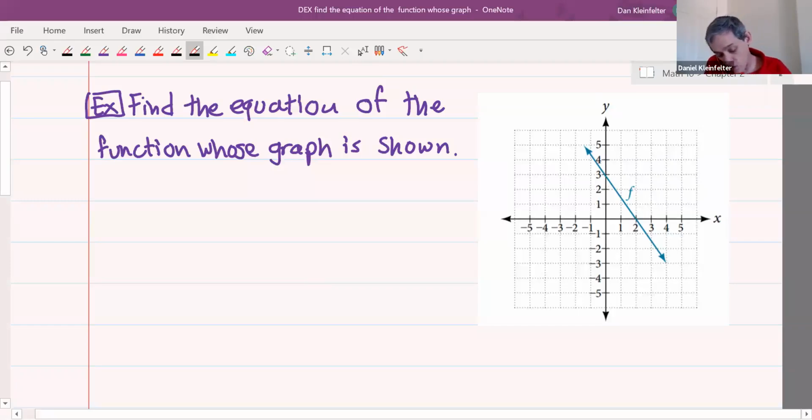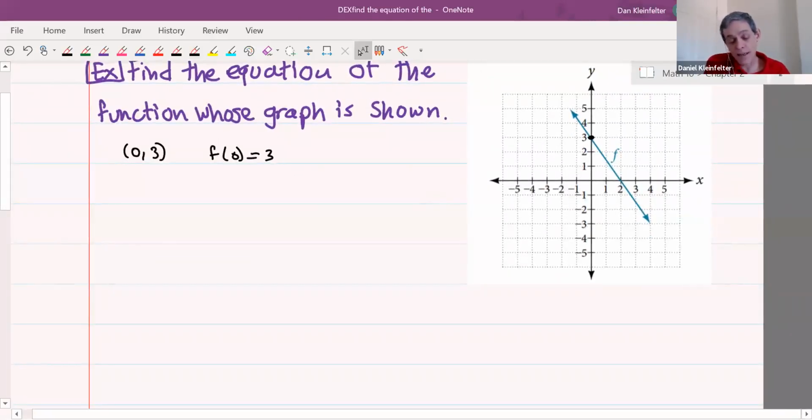It looks like one point we have is the y-intercept. So it looks like the point 0, 3 is on the graph. That is, f of 0 will equal 3. And then this thing looks like a linear function. And so we're going to get its slope. So if I go from here down to actually the x-intercept, it looks like you go down 3 and right 2.